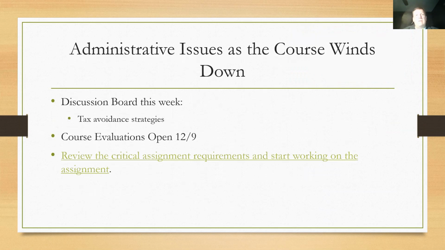So again, for week 7, we're drilling down a little bit more into the issue of taxation, comparing personal versus corporate income taxation, looking at some of the impacts on taxpayer behavior in terms of tax avoidance types of strategies that people use to reduce their tax burden and to shift the burden onto other individuals.